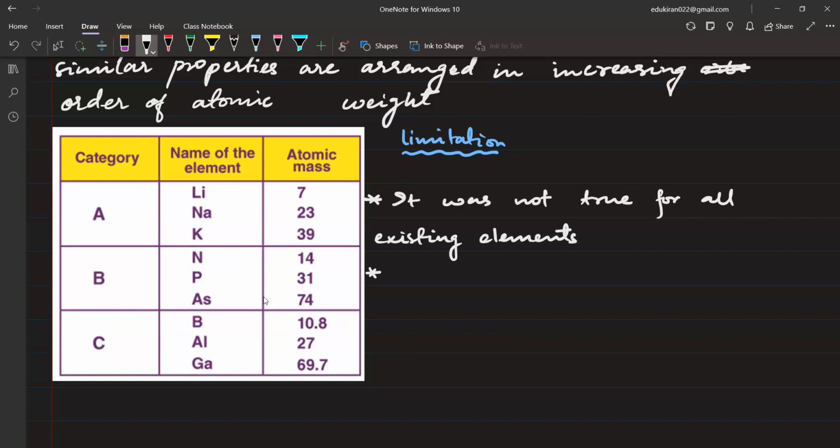The point is that sometimes in these categorizations, all three elements had almost similar atomic masses. Obviously, if all three elements have similar atomic masses, then the middle one is going to be the mean of the first and last one. So this was another criticism.